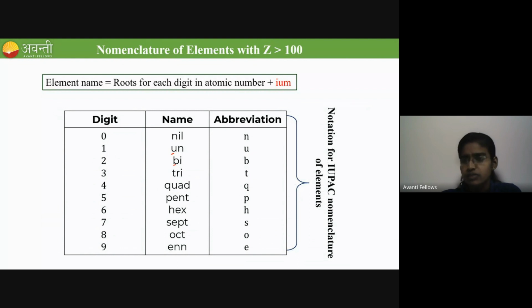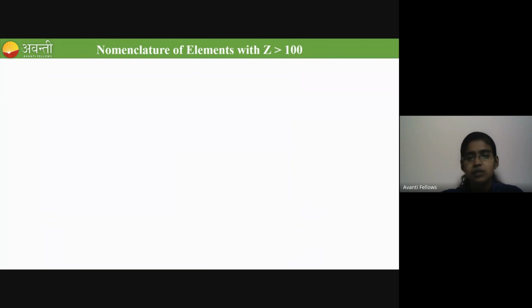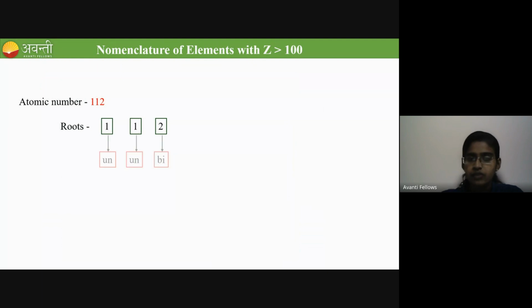Now we will follow this notation and name an element. If the atomic number of an element is 112, we have three digits, 1, 1 and 2, and those are the roots. For 1 we use un, for the next 1 again un, and for 2 it is bi.